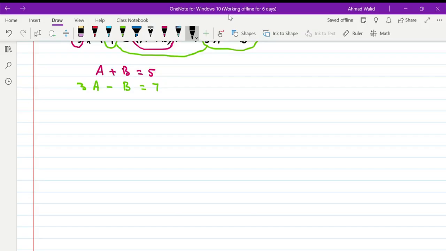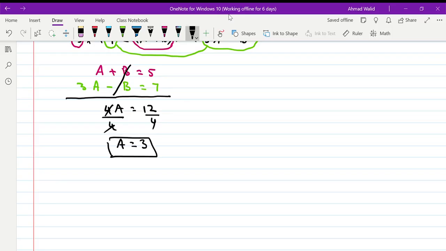Solve the system. Multiply the first equation? Oh, you don't even need to, this is a simple system. You see B cancels out immediately with B. A plus 3A gives you 4A equals 5 plus 7, 12. Divide both sides by 4. A equals 3.